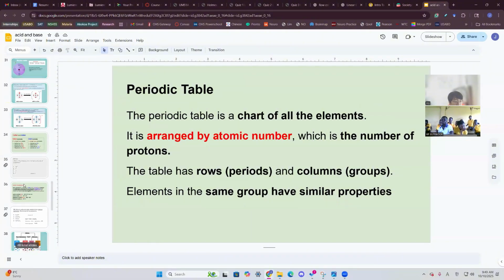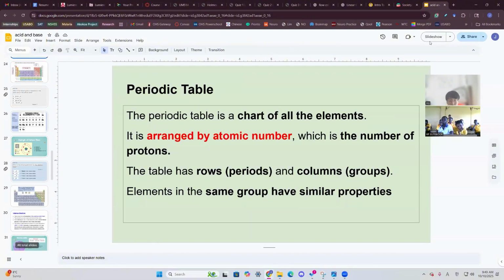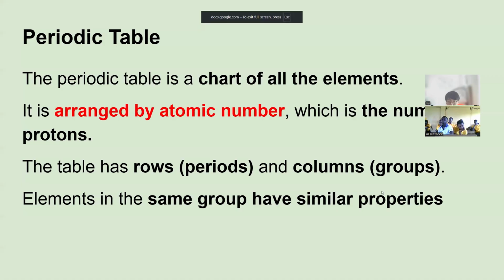I will cover more of the periodic table and the ionization. So let's quickly go over this. We've already covered this sort of 2 weeks ago, but a periodic table is a chart of all elements.